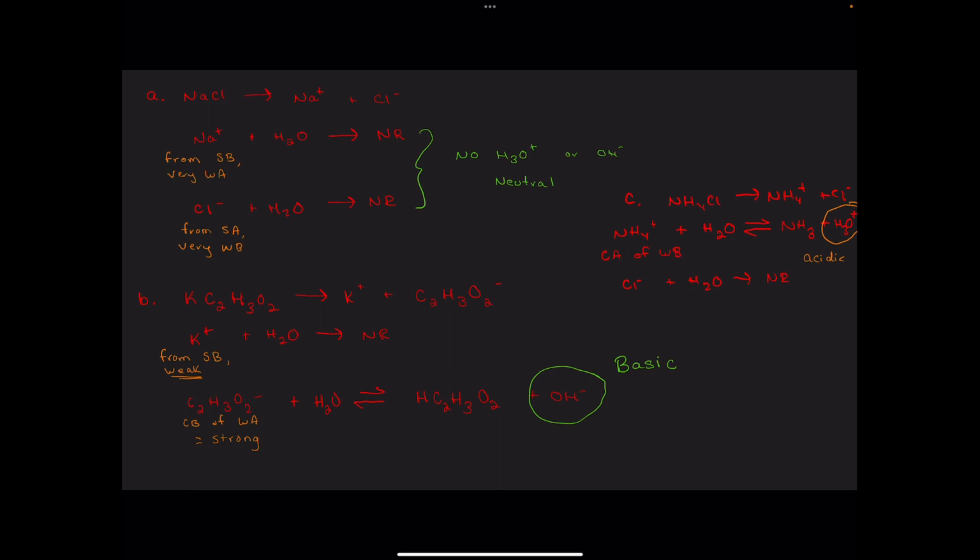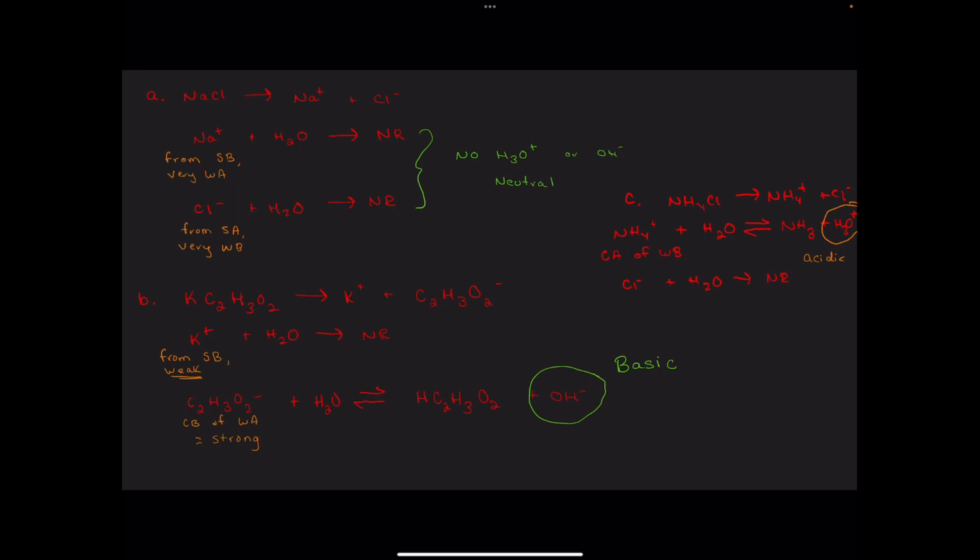Now, in each of these cases, we either had both ions not reacting with water, or at least one ion would react with water. We could encounter scenarios in which both ions undergo hydrolysis. In that scenario, whether or not a solution is acidic, basic, or neutral is going to depend on our K values.